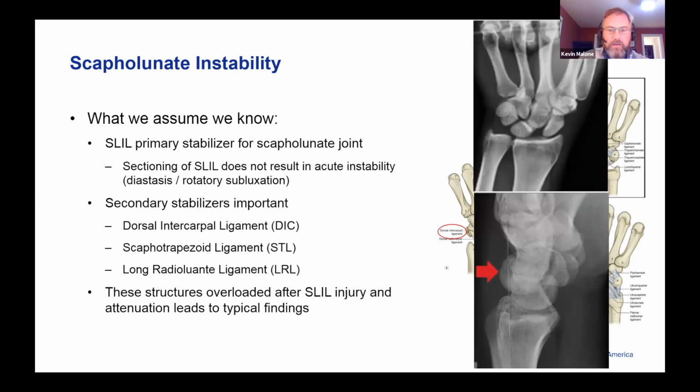You can see as these structures are overloaded because of the failure of the scapholunate interosseous ligament, then they may become attenuated, and then you might see these typical findings of scapholunate diastasis, and then the rotatory stabilization with that dorsal subluxation of the proximal pole of the scaphoid relative to the scaphoid facet on the lateral view there.